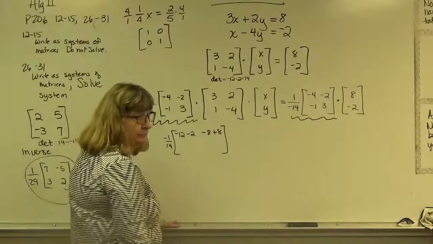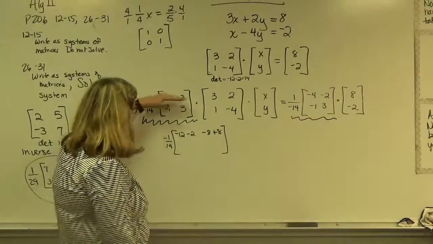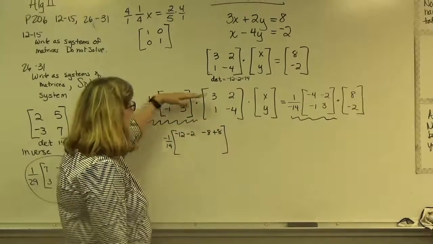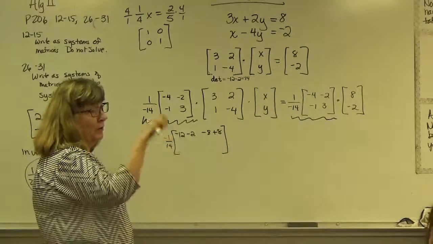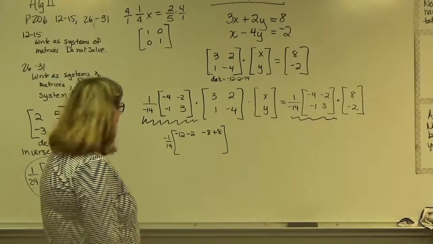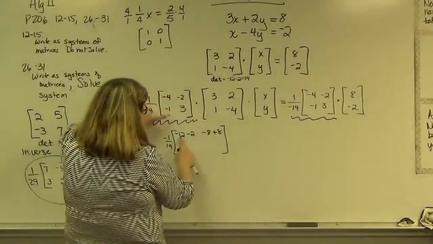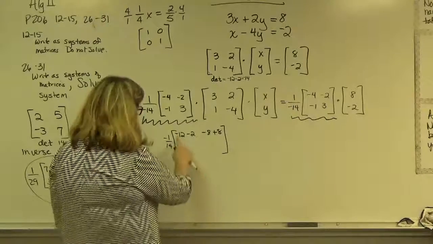We multiplied row 1 times column 1 and row 1 times column 2. Multiplication of matrices is row by column. Negative 12, negative 2, negative 8, plus 8. That's where those numbers came from.